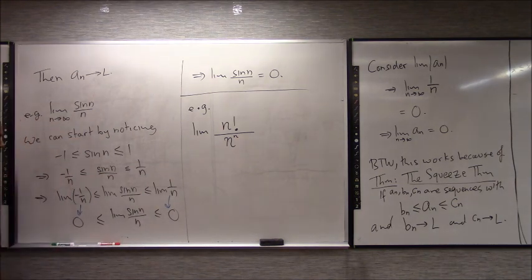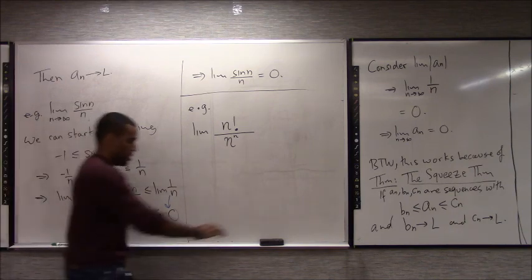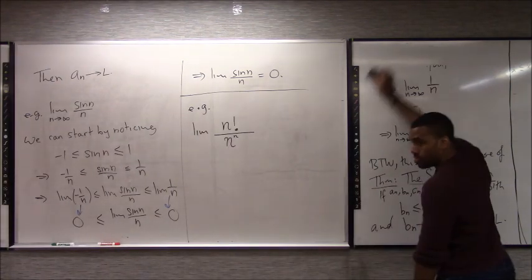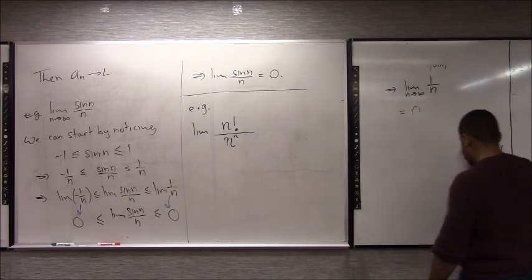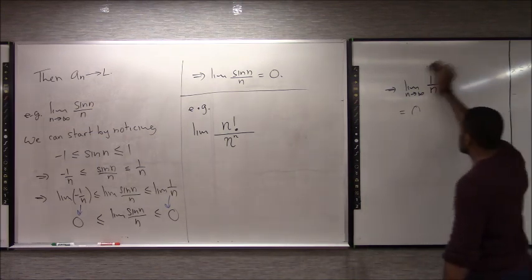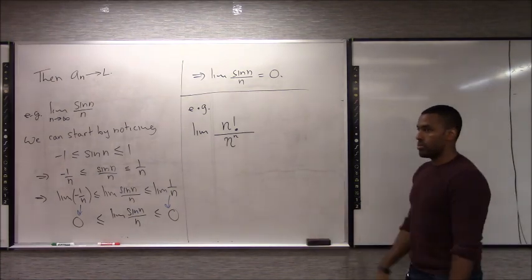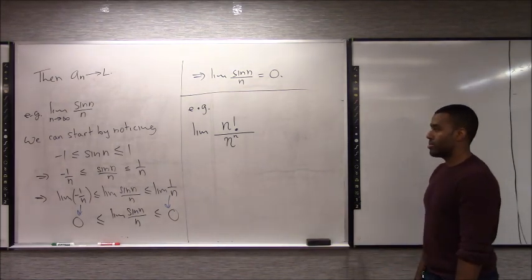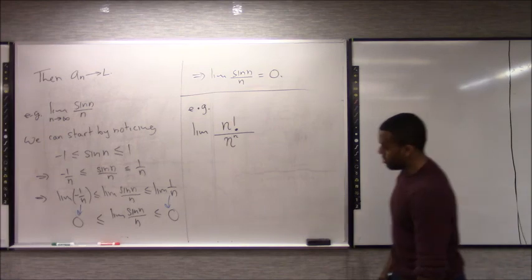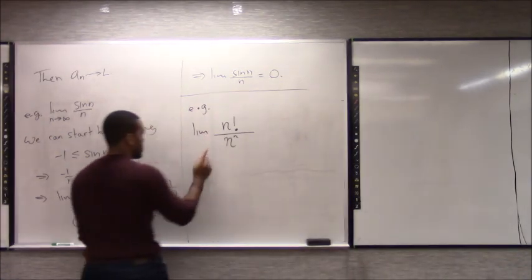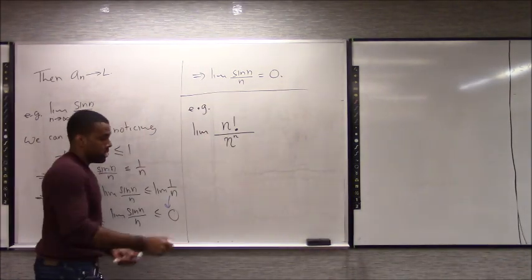So that's my sequence. What do you think that converges to? Zero. You should have learned in Calc 1 that this guy's always bigger than that guy.